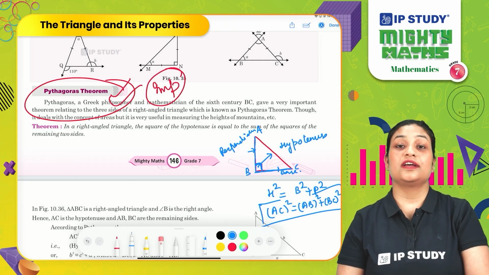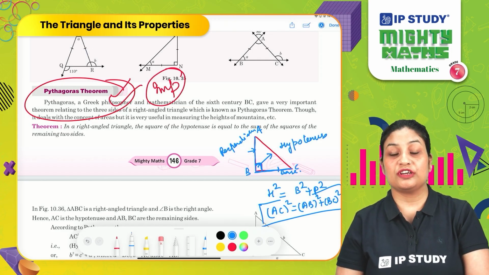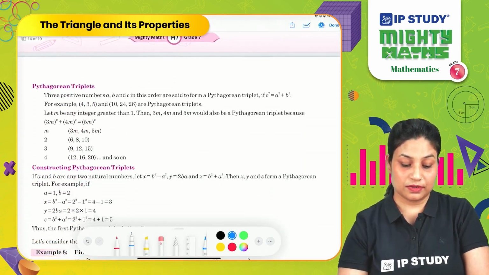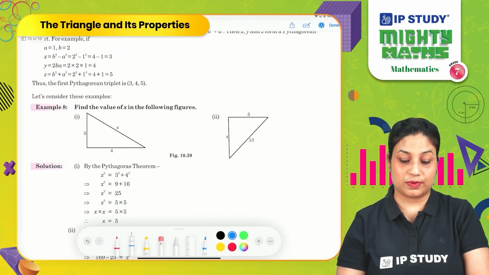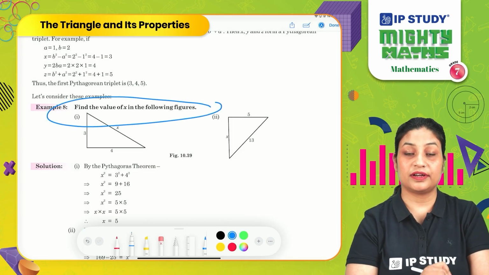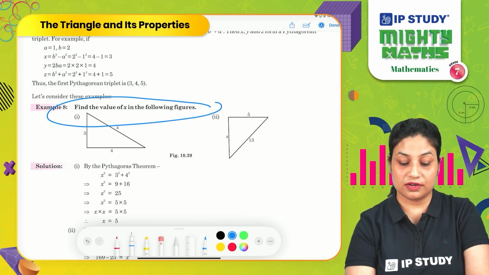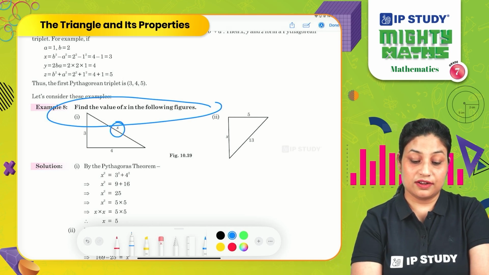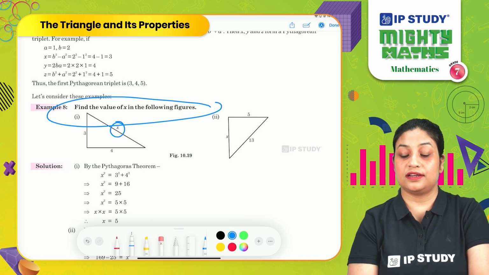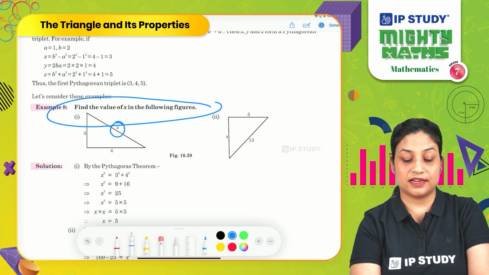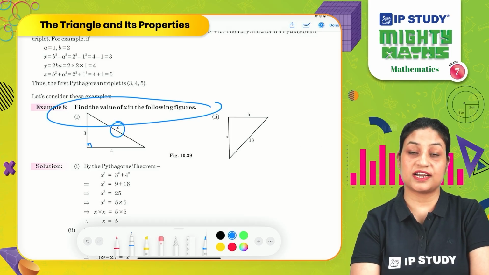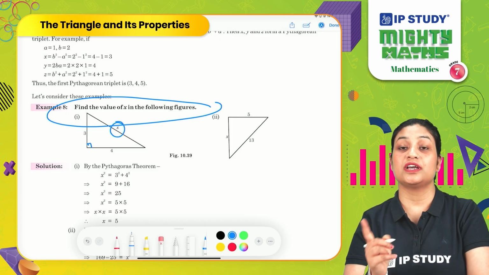So, students, in order to understand this property of a triangle, let's take some examples. Let me take example number 8. Here we have to find out the value of x. We know that in a right angle triangle, the square of the hypotenuse, or the square of the bigger side, is always equal to the sum of the squares of the other two sides.